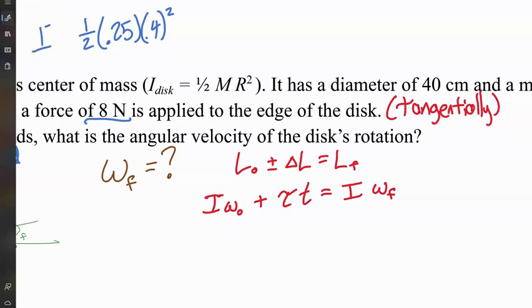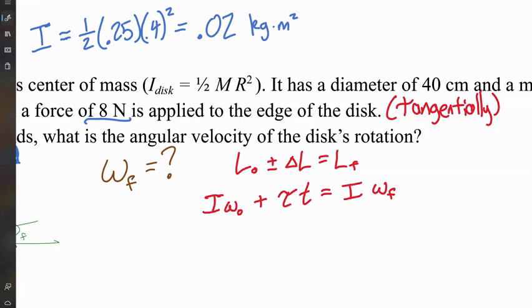Whenever you're doing these calculations, make sure you label them, so you don't just have a random 1/2 times 0.25 times 0.4 squared, because a grader doesn't know the inner machinations of your mind. Just label what variable you're looking for. You plug that into your calculator and get 0.02 kilogram meter squared.